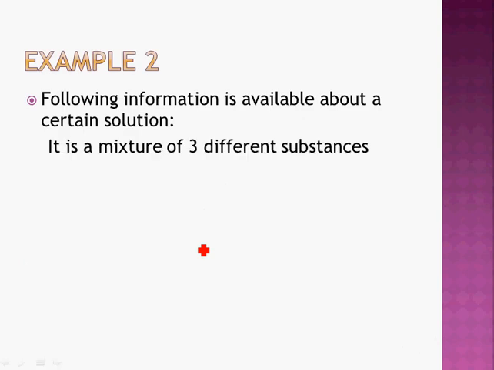The following information is available about a certain solution. First, it is a mixture of three different substances, let's say A, B and C. Next, X1, the first substance, which we have called A, say it is 1. So XA or X1 is equal to 0.25.